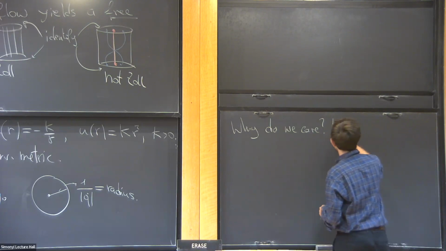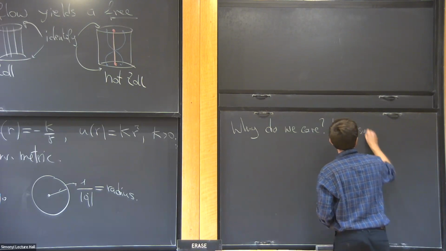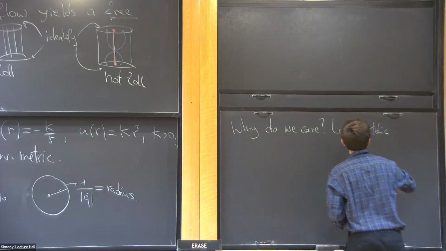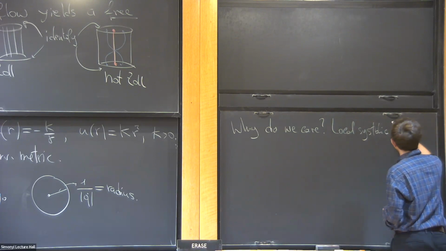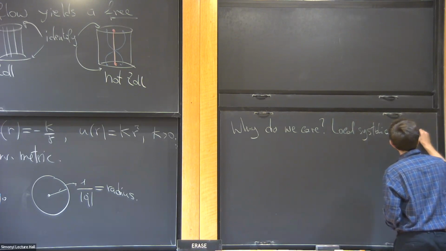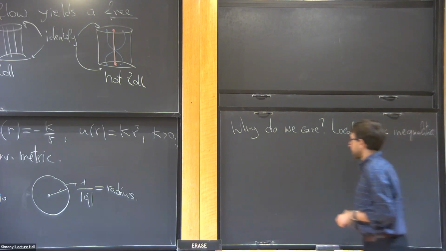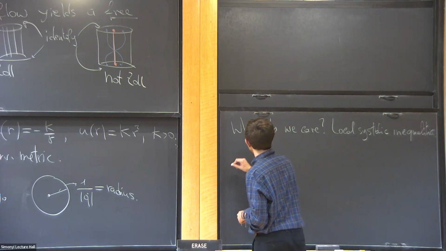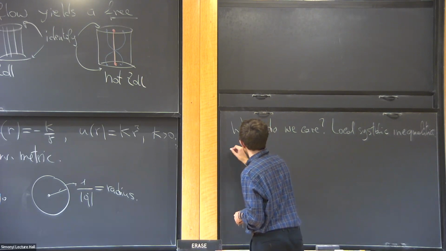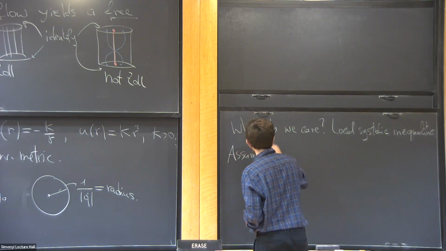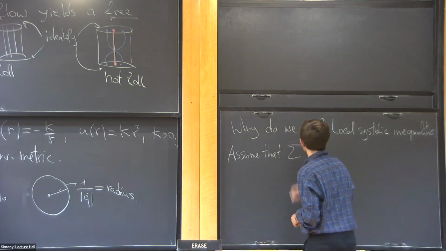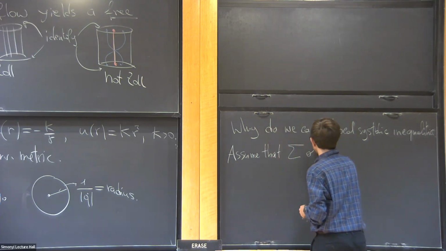Okay, so why do we care? Here I want to talk briefly about the local systolic inequalities. The idea is that I now assume that I have my energy surface sigma of contact type.